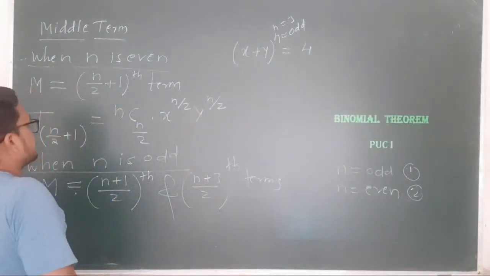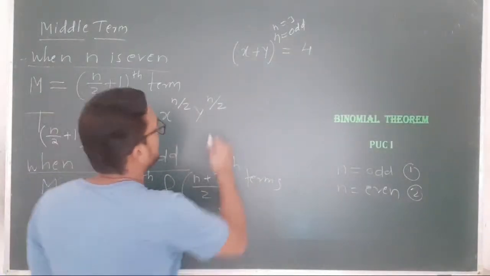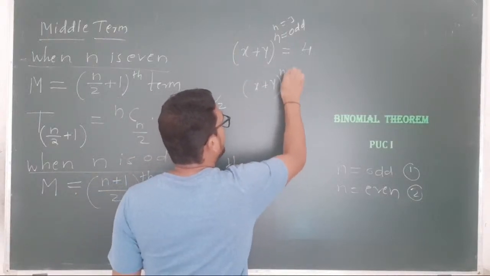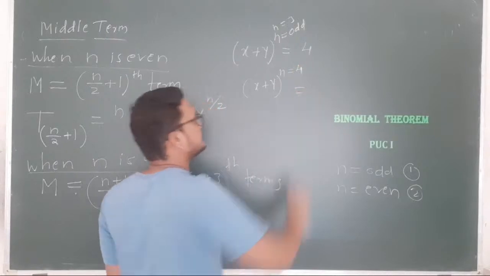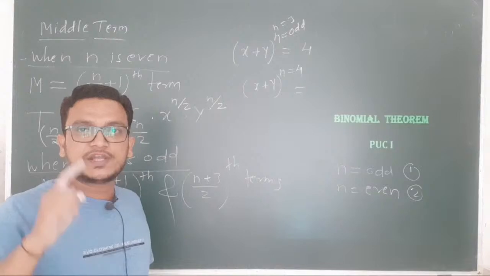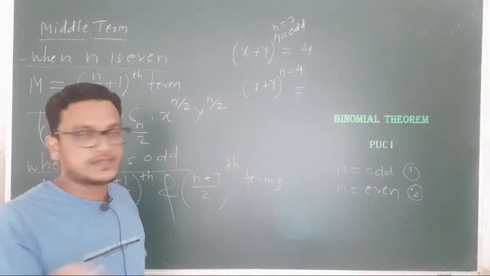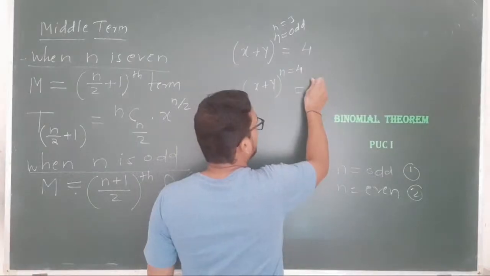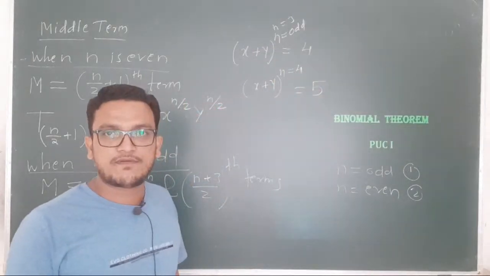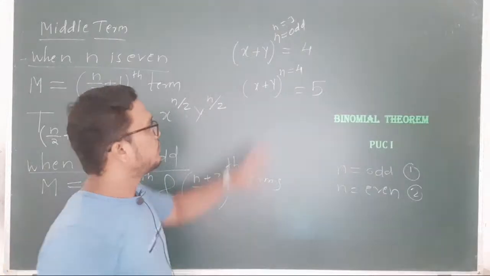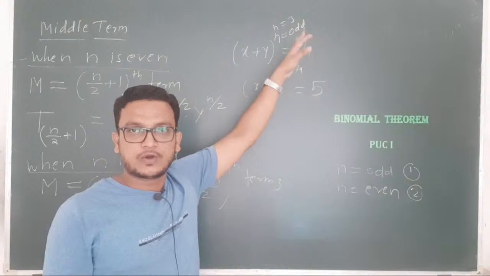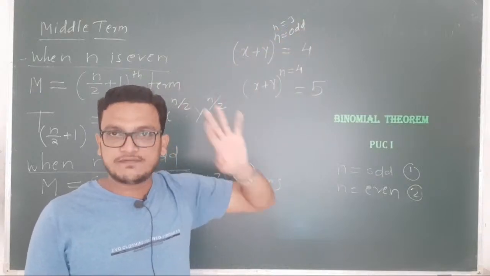Similarly, in this x plus y to the power n, when the power is even, again in the expansion you will get one more extra term. Now suppose power is 4, it is even, then the number of terms in the expansion is 5. 5 becomes what? Odd. So what I am telling is, when the power is odd, the number of terms is even.